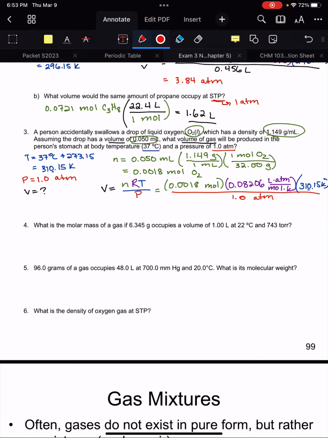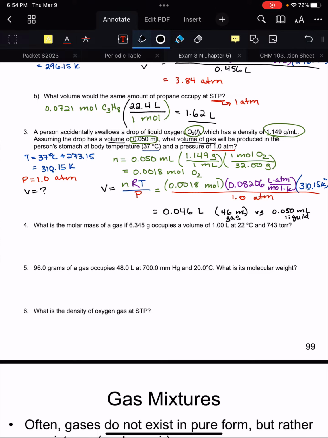So when we solve, we get a volume of 0.046 liters, which if you want to directly compare to what we started with, that's 46 milliliters of our gas versus the 0.050 milliliters of our liquid.